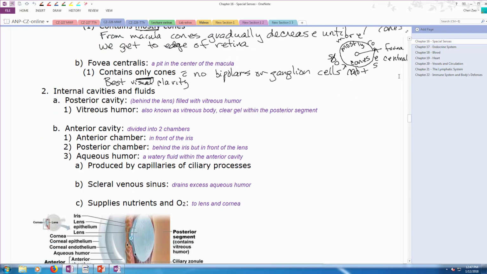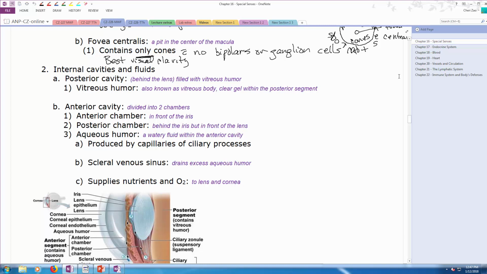Now, the other thing we'll talk about is internal cavities and fluids. And you guys already know this. Posterior cavity is that area behind the lens filled with the vitreous humor. Vitreous humor is also called the vitreous body. It's indeed a clear, transparent gel within that posterior segment or cavity. And I put segment here because in the old notes and old exams, segment was the word that we used instead of cavity, which we're using right now. The vitreous humor does support the eye shape. What you're born with is pretty much what you have for the rest of your life.